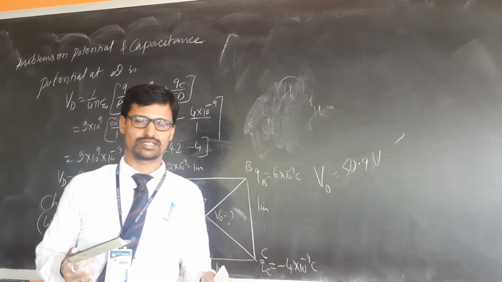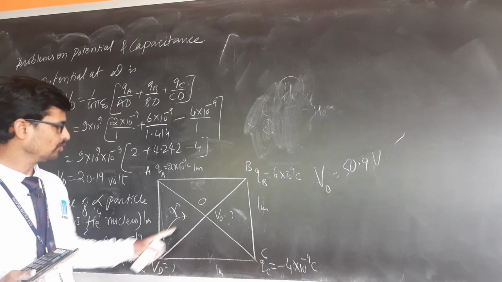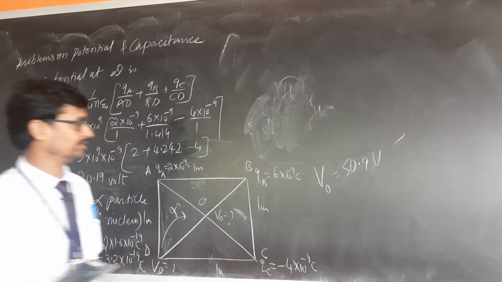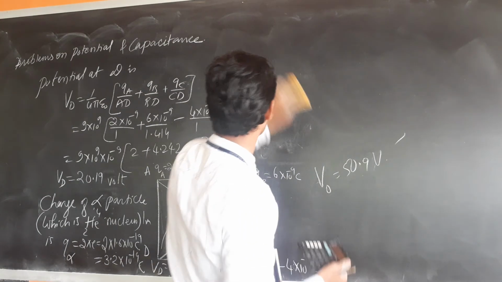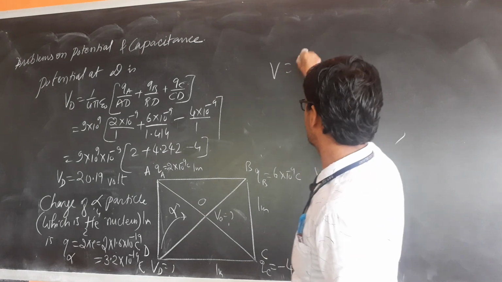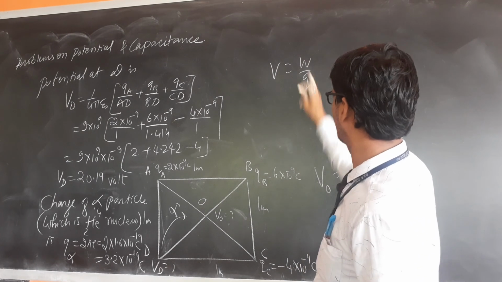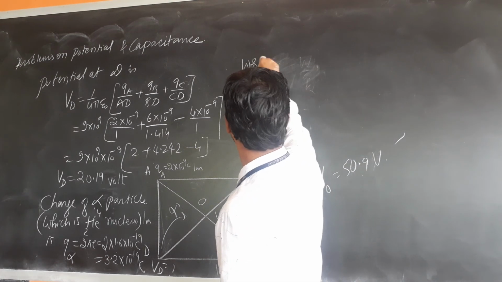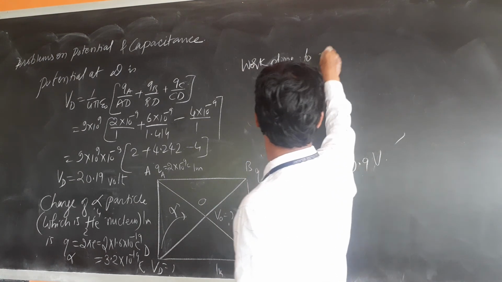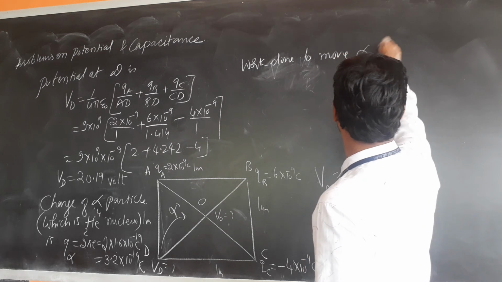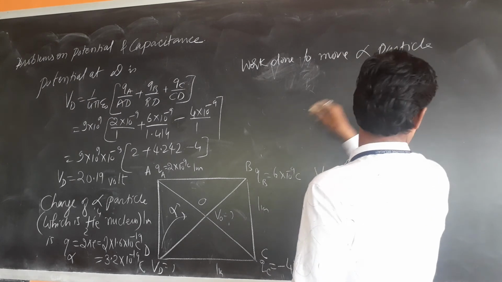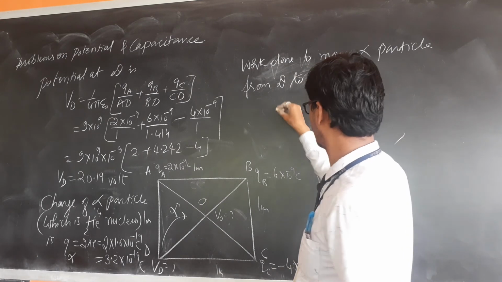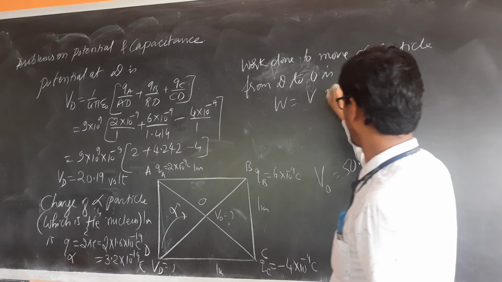Very simple, children. They have asked the work done to move the alpha particle from one corner to the center. How much work to move the alpha particle? We all know the standard formula. Electric potential is work upon charge. Therefore, work is equal to VQ, cross multiply. Therefore, work done to move the alpha particle from D to O is W is equal to VQ, correct?